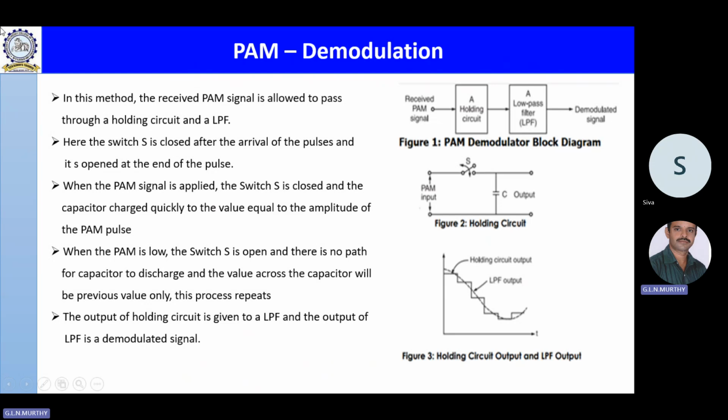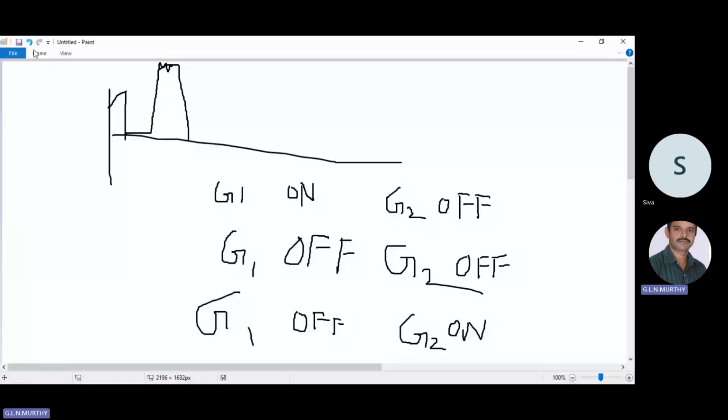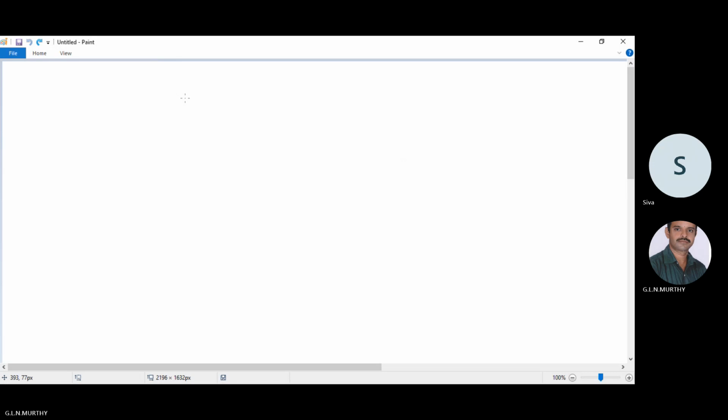How does it happen? Let us see here. Ultimately, we have to reconstruct, right? So let me draw the waveform of the PAM signal first.